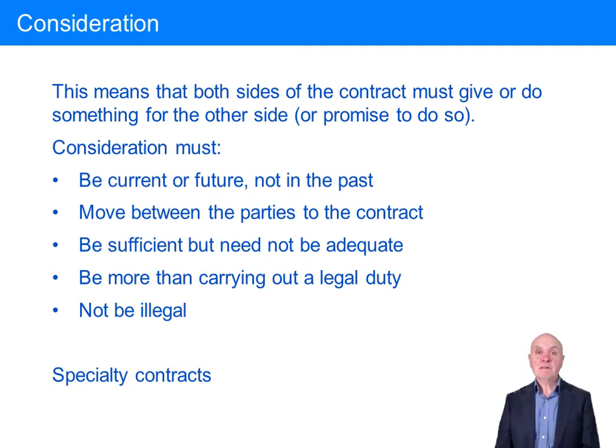And a law case came into existence. The two fathers had promised this to each other, that they would set up the couple, if you like, for their married life. One of the fathers died before the amount was paid, and one of the married couple took legal action against the father's estate to try to force it to pay the promised amount of money.